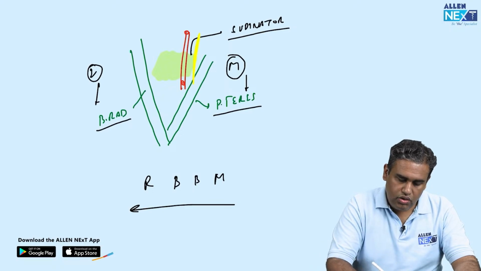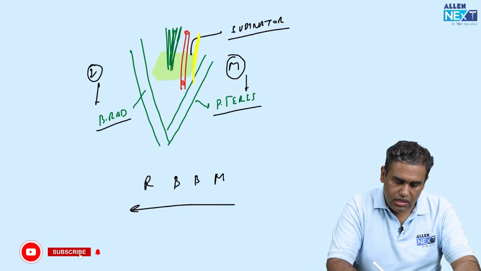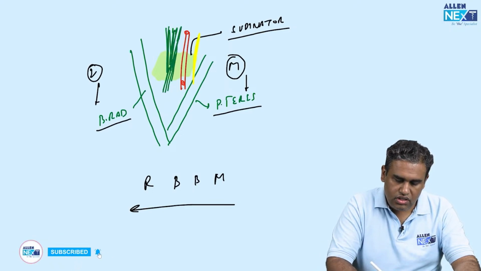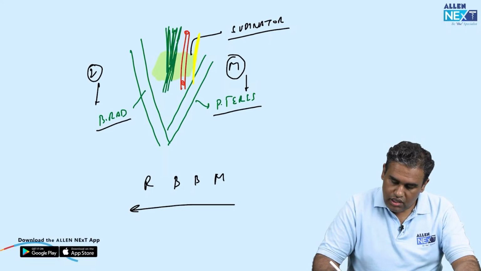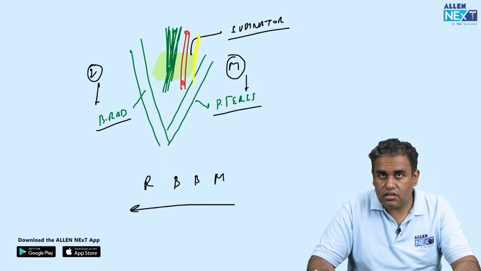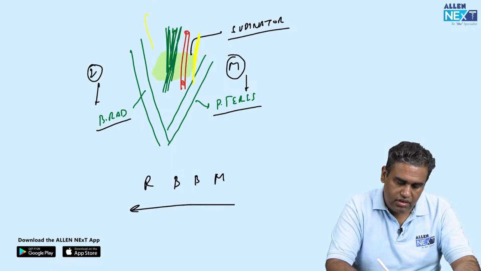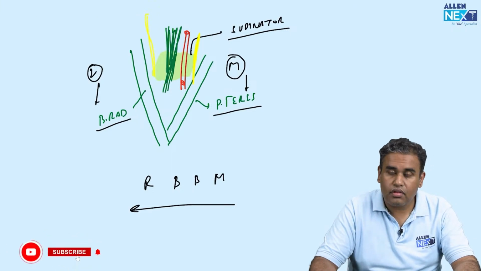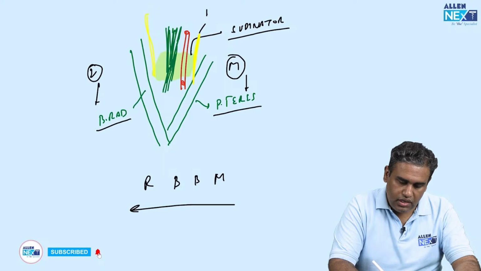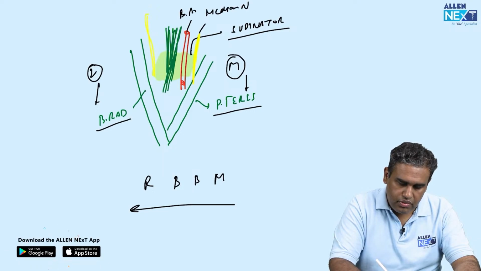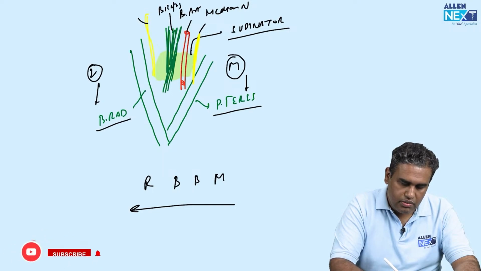Then lateral to it, you have the strong biceps brachii tendon coming down, which inserts into the radial tuberosity. And most laterally, coming from the posterior, we have the radial nerve. So, let's label it. This is the median nerve, that's the brachial artery, this is the biceps brachii tendon, and this will be the radial nerve, right?